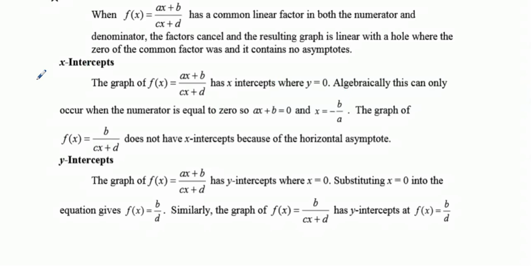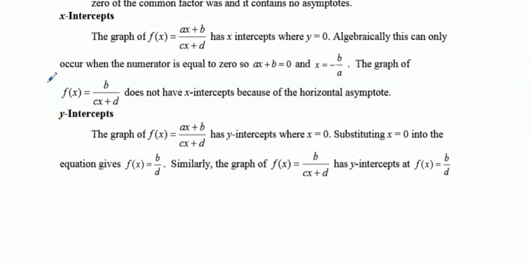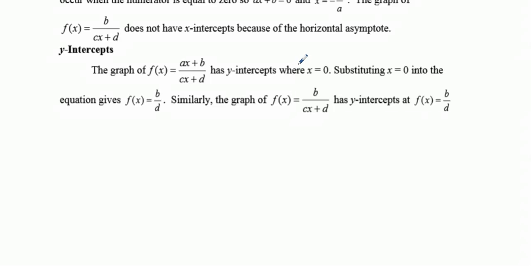So 0 in the numerator would be if you had ax plus b equal to 0, so x would have to be negative b over a. And of course, you remember that the graph of a reciprocal linear does not have any x-intercepts because we had a horizontal asymptote at y equals 0, at the x-axis.